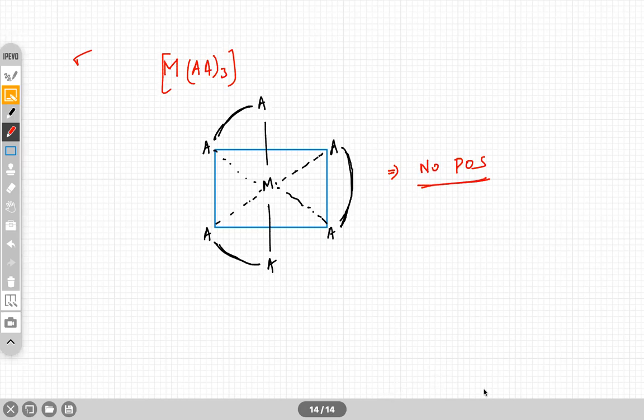So actually what happens here, you may get a mirror image of this A over here. Suppose it is coming out of the plane and it is below the plane. This MA bond is coming above this diagonal, just above it. And this bond is below this diagonal, yes or no? Can you imagine this?